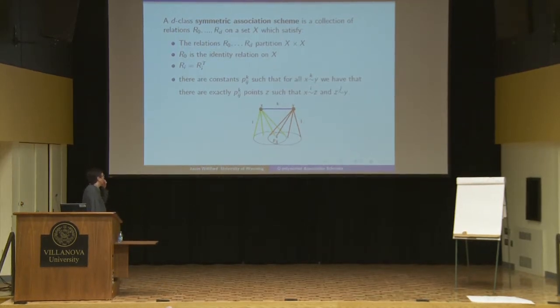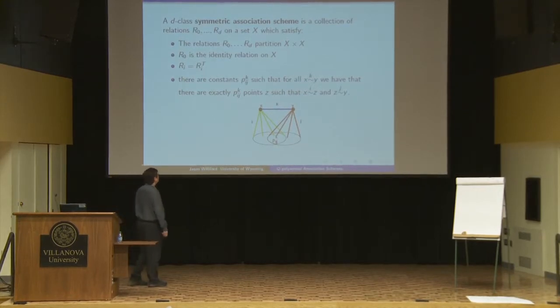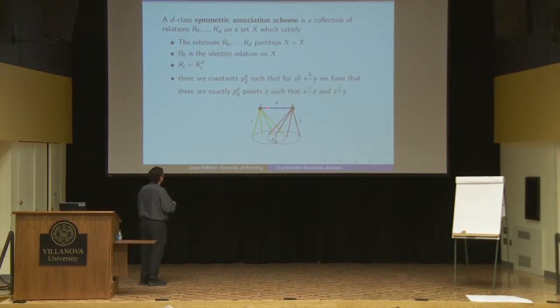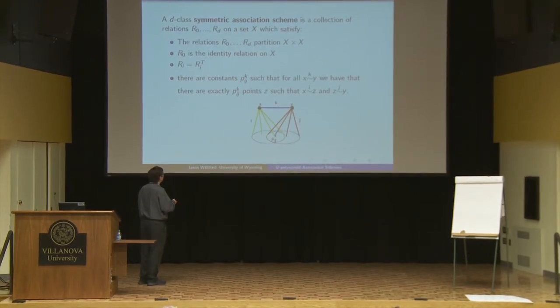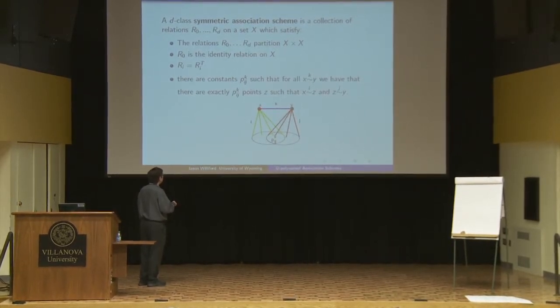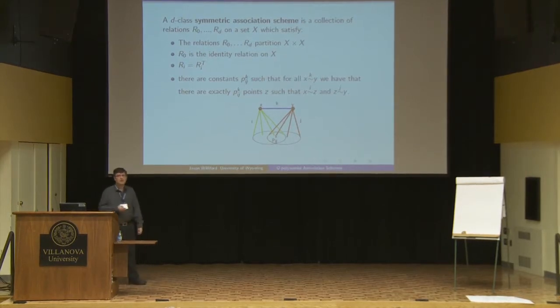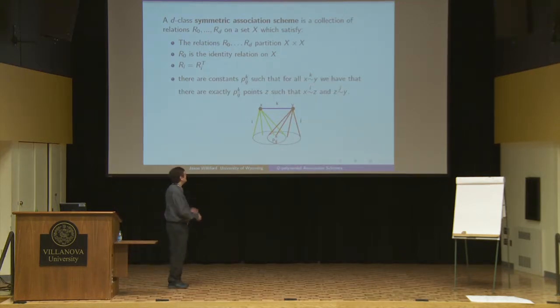They are all symmetric, and the key property is the existence of these structure constants, p_ij^k, basically saying that any k-related pair looks like any other k-related pair if all you're doing is these basic counts. If you look farther, there may be differences, so I think of this as a local symmetry condition. Things look the same if you don't look too far.